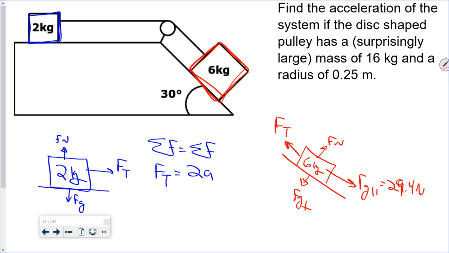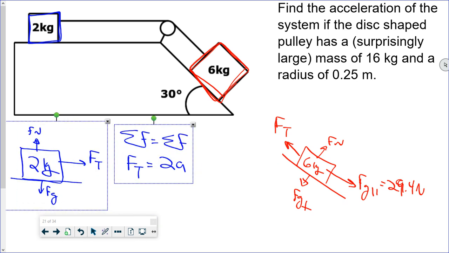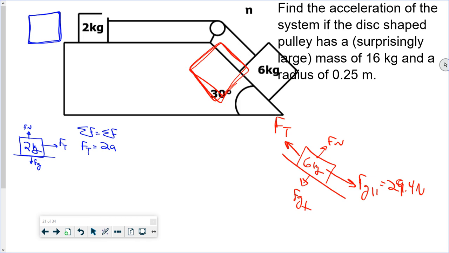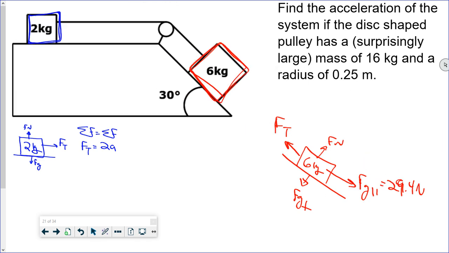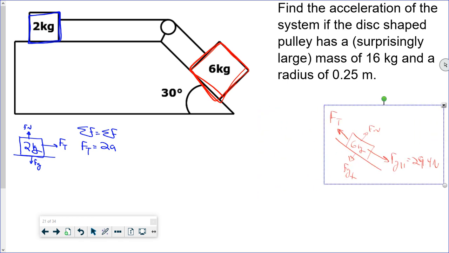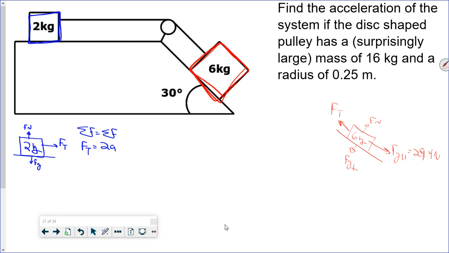This all looks like what we've done before, and then we could write a net force equals net force equation. Our force of gravity parallel, 29.4, minus our tension equals mass times acceleration.